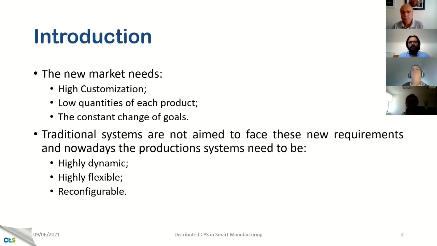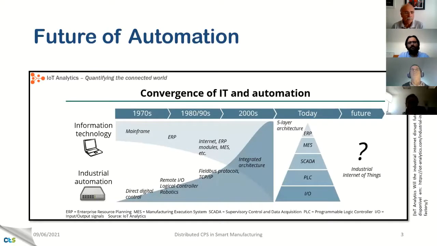And because of that, it was necessary to explore highly dynamic, flexible, and reconfigurable manufacturing systems that since the 70s, from the third industrial revolution, were based on industrial automation.